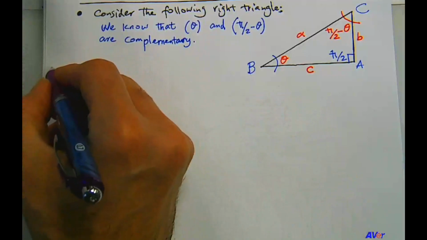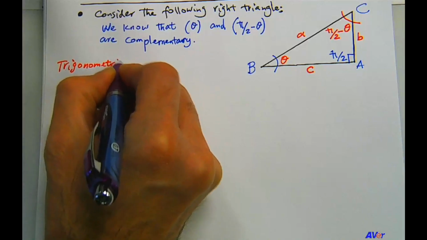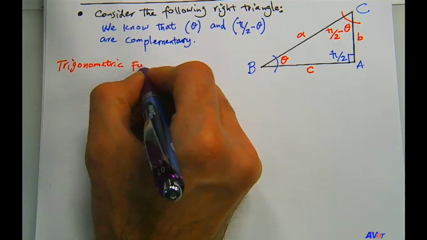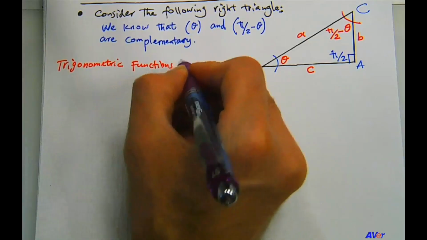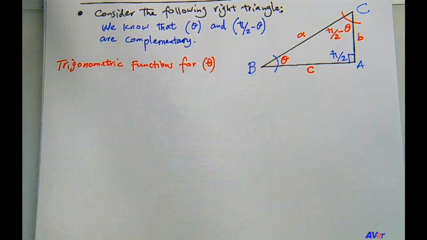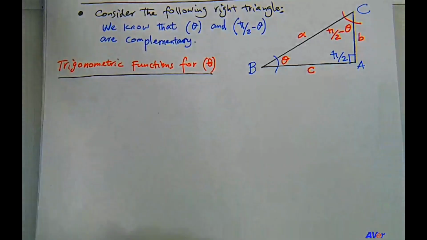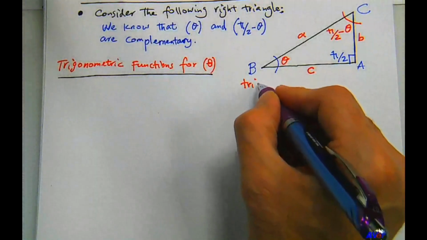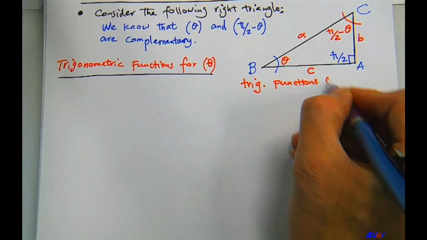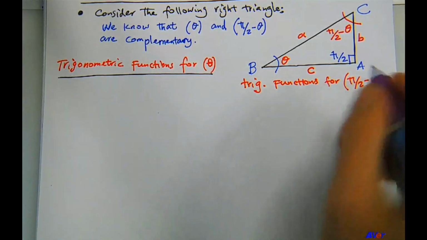I'm going to say that this side is the trigonometric functions for theta, and on that side, I'm going to write down the trigonometric functions for pi over 2 minus theta.